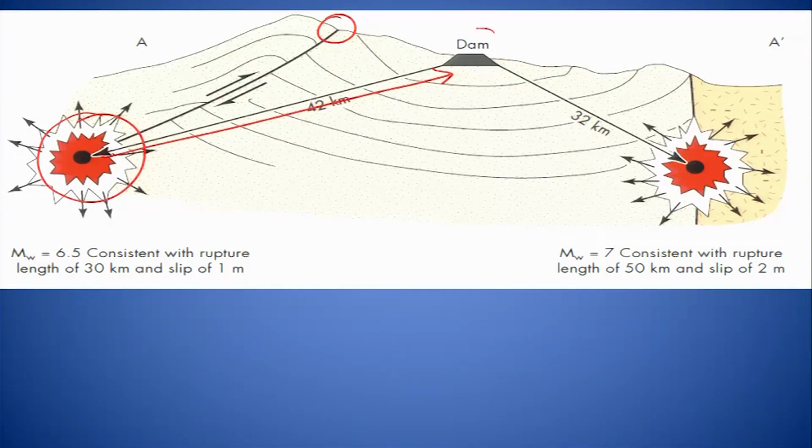For example, here it has been shown as a dam, but it can be any site you are interested in, about the settlement, that we will take into consideration. Of course, along with that, we also take into consideration the distance between the source and the site of our interest.